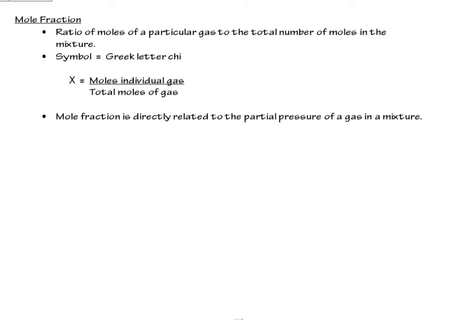Mole fraction can be used with solutions where you might have moles of solute divided by a combination of the moles solute plus solvent, total moles in the solution. It really is like the part divided by the whole. So we can use this to calculate partial pressures of a gas in a mixture.